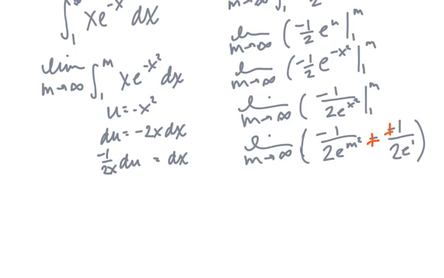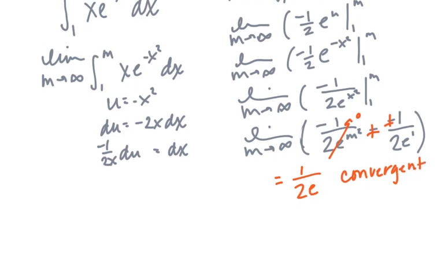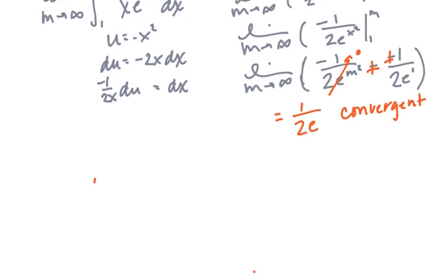E to the infinity squared is infinity, and e to the infinity is infinity, and so this goes to 0 because we have infinity in the denominator. So this equals 1 over 2 e to the first, which is e. So this improper integral is convergent. That means that, therefore, the sum from n equals 1 to infinity of k e to the minus k squared, so this is a k, is convergent.